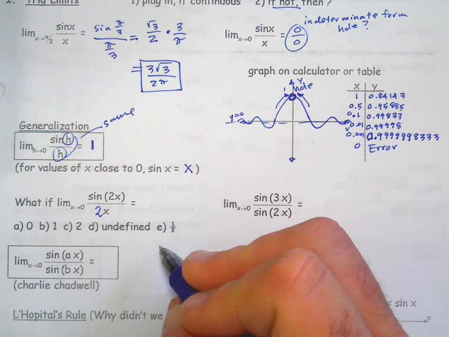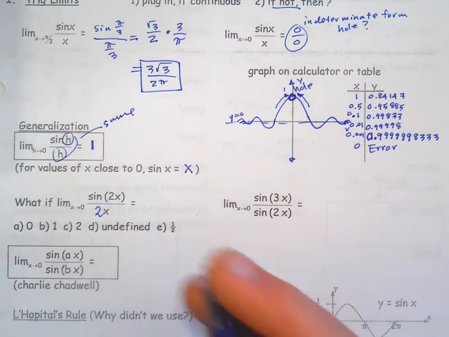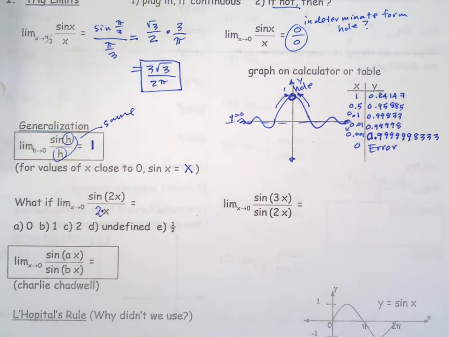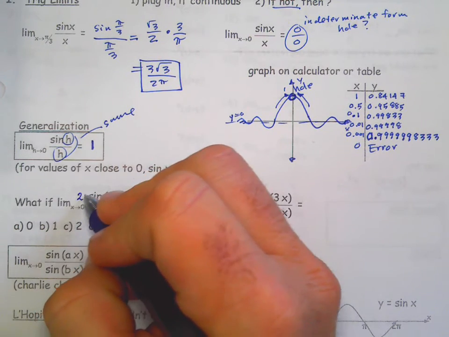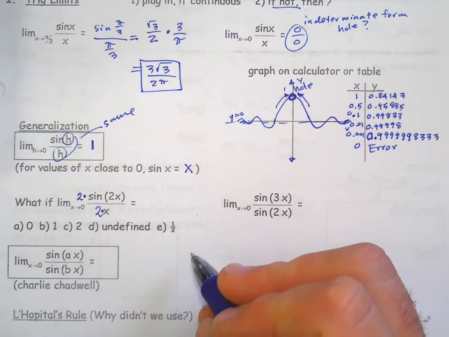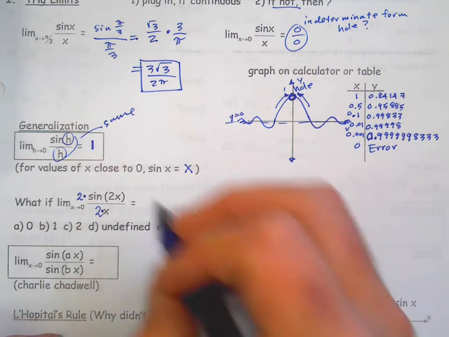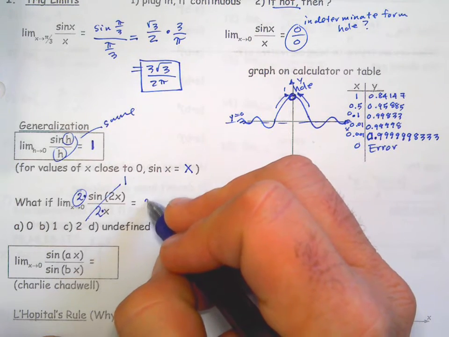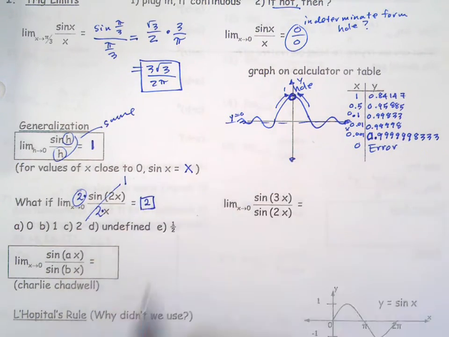The answer would be 1. Okay. Well, is there any way we could let ourselves just put a 2 times x right there? Sure, as long as we do it to the top. And so now this is going to go to 1, but then there's an extra 2 left, so the answer is going to be 2 times 1 is 2. So that's how we're going to do it. So we're going to actually use this rule in situations where it's not simple.